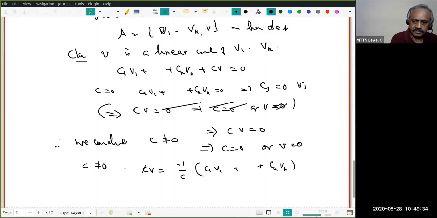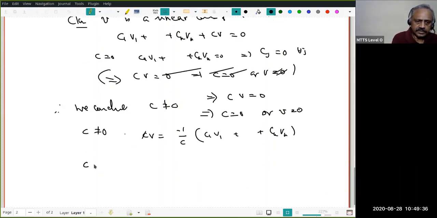That's clear. Now suppose c is 0. That will be a contradiction, because if c is 0, then I have c1 v1 plus ... ck vk is 0. But by assumption, this is linearly dependent. That means one of the c1 to ck is non-zero. Since I am assuming c is 0, that means there is at least one j such that cj is not equal to 0.